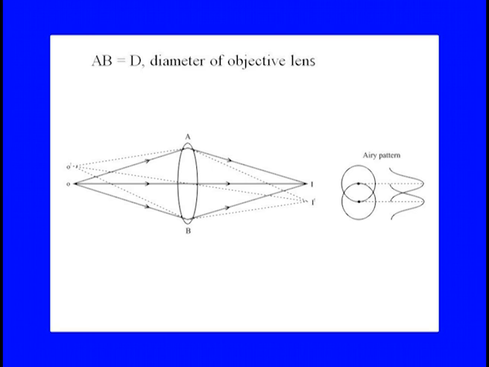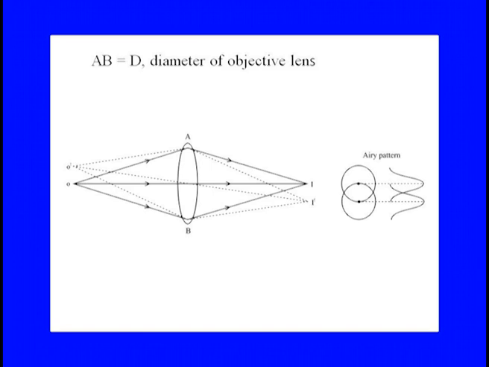Therefore, a diffraction pattern corresponding to each object is formed in the focal plane of the objective. Each image is therefore a diffraction pattern consisting of a central bright disk bordered by alternate concentric circular dark and bright rings. The center of the bright disk in the diffraction pattern of O is at I, while for O prime it is at I prime.